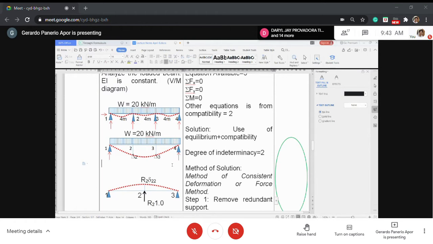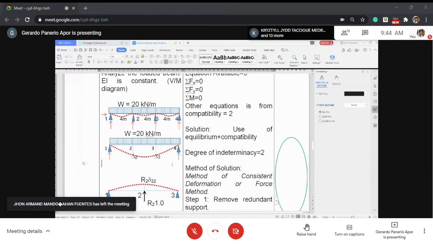Ikaduha na method, you can apply katong gitawag og constant integration method wherein you have a differential equation of second order of y, and then what you'll do is just integrate it. Integrate twice, you will have a constant 1 and constant 2, which can be determined because there are also known boundaries.